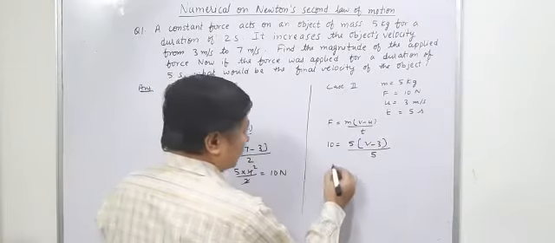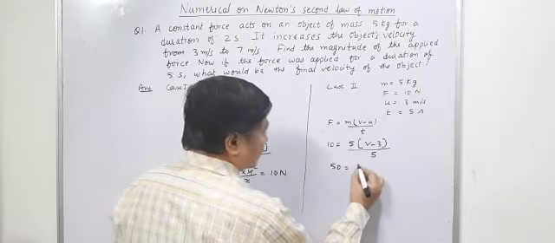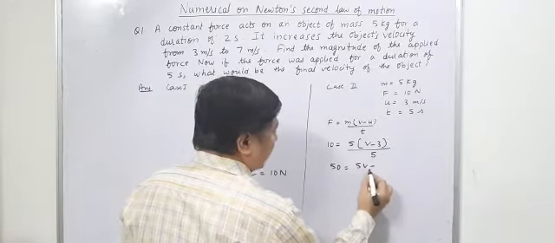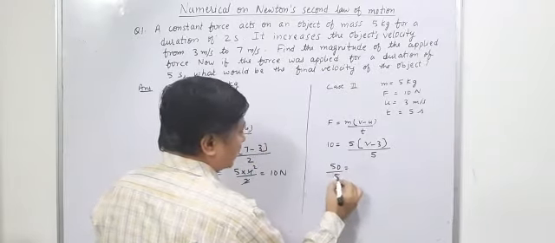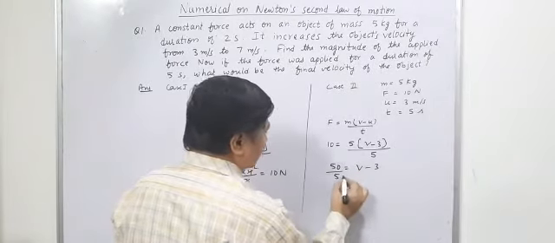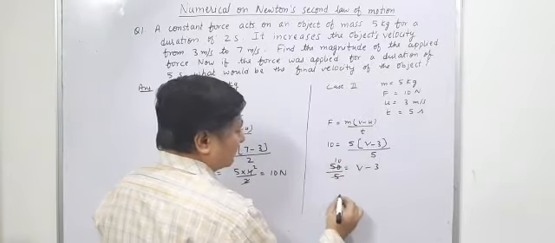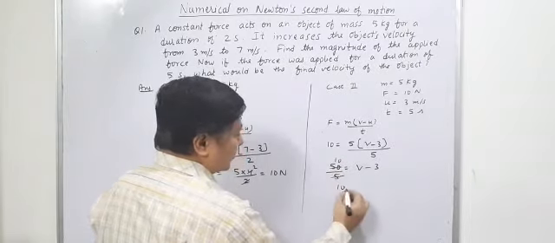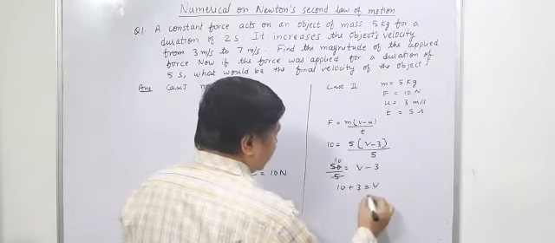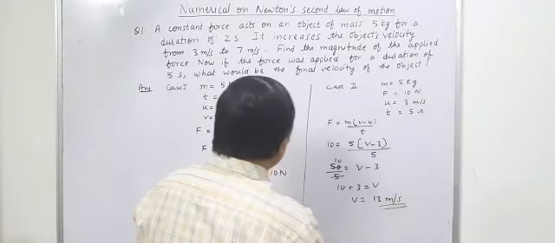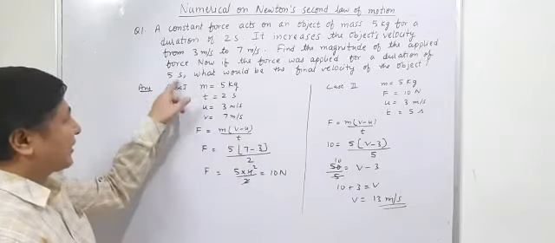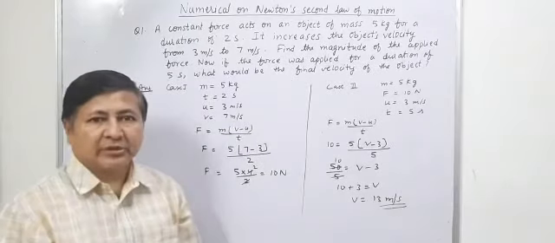So 10 = 5(v - 3)/5, which gives v - 3 = 10. Transposing the 3 to this side, 10 + 3 = v. So the final velocity is 13 meters per second when the force acts for 5 seconds.